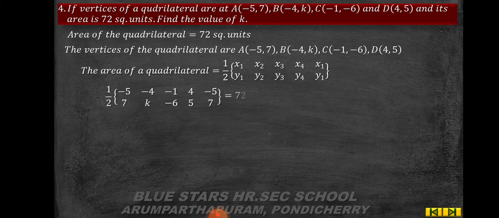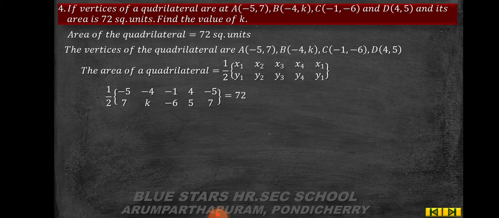You know the points: x1 y1 is (-5, 7), x2 y2 is (-4, k), x3 y3 is (-1, -6) and x4 y4 is (4, 5), and again x1 y1 value is (-5, 7).